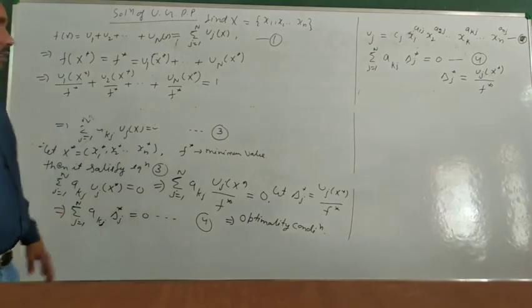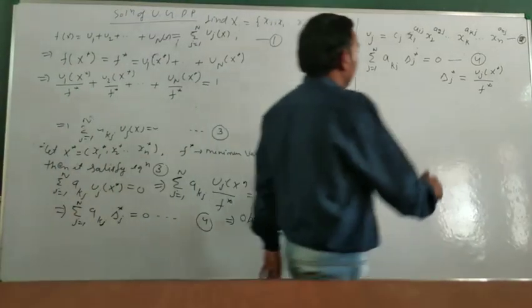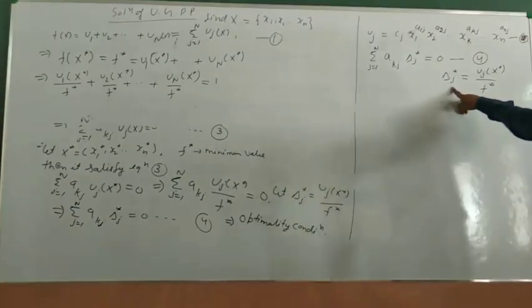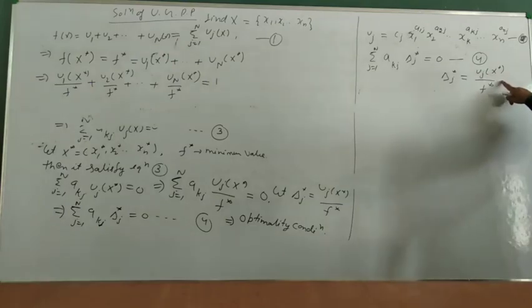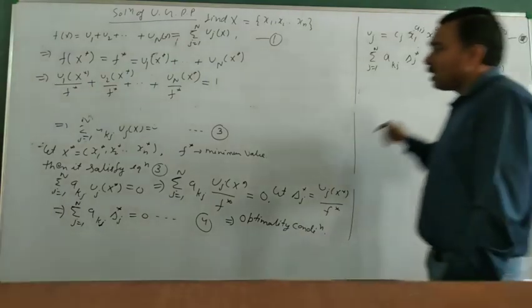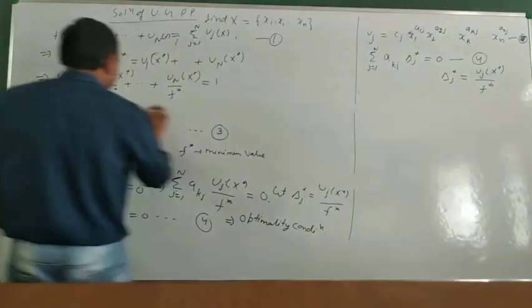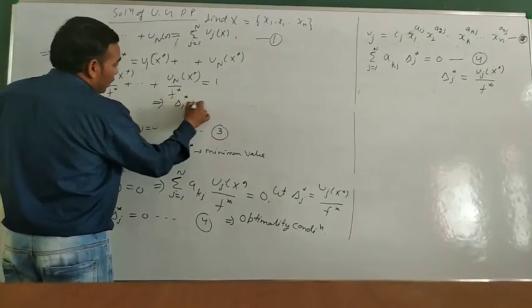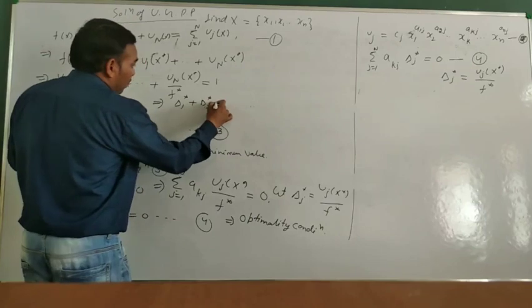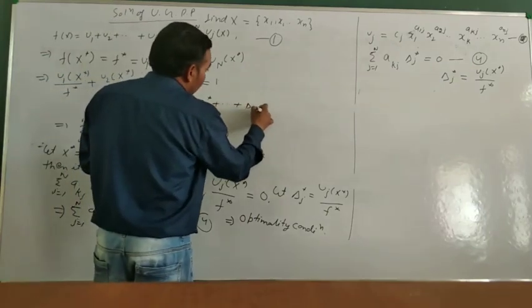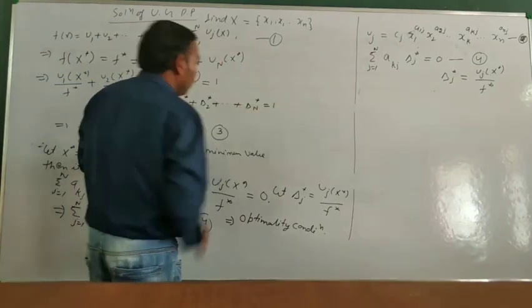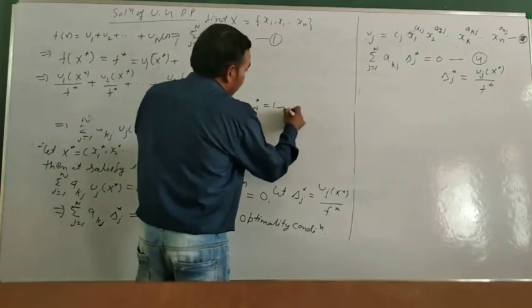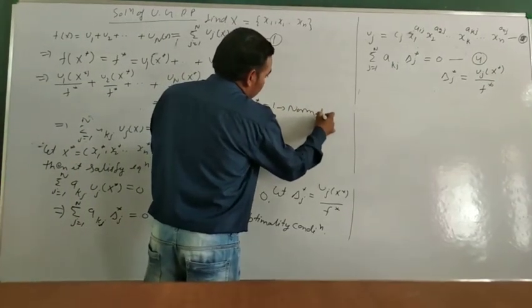And here delta j star equal to uj star upon f star, so we can write delta 1 star plus delta 2 star up to delta n star equal to 1, and this is the normality condition.